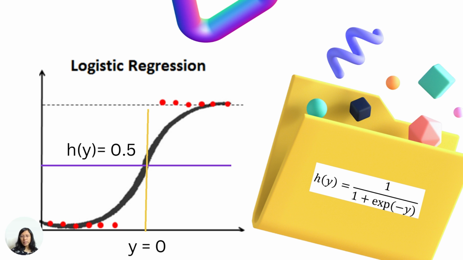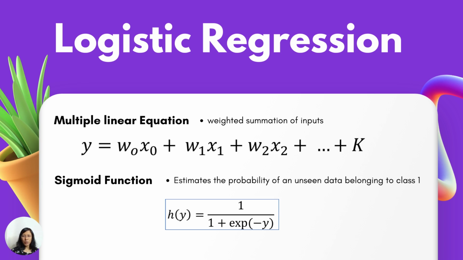So with this, new data belongs to class 1 if h of y is more than 0.5 and class 0 otherwise. So this is how logistic regression works. If we summarize it, logistic regression first combines your independent variables using a weighted summation.